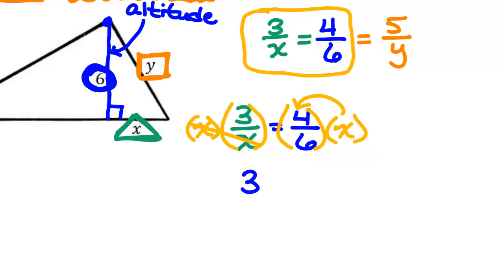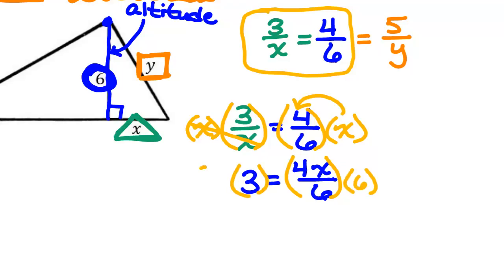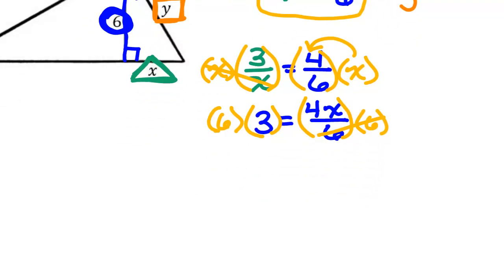So I have 3 equals 4x over 6. Then we're going to multiply by the denominator of 6 on both sides. So over on the left, I have 3 times 6, which is 18, equals on the right, I have 4x.